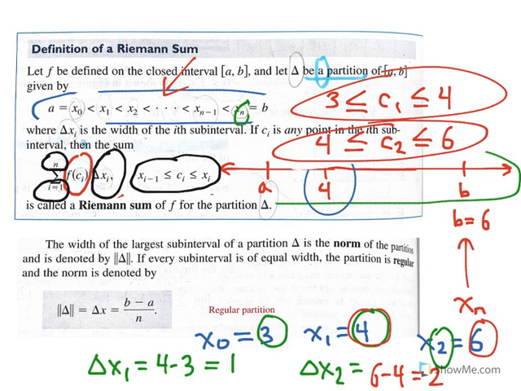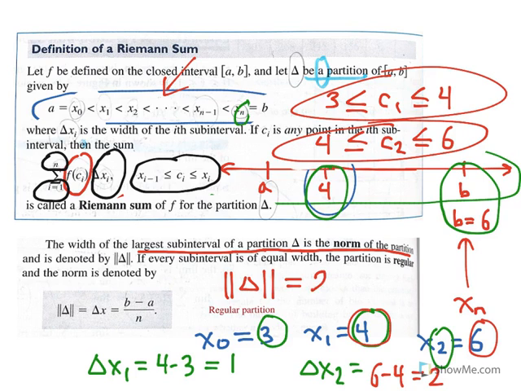And you can read here, the width of the largest subinterval of a partition is called the norm of the partition. So in my example, the norm of the partition is going to be 2. The width of the larger subinterval from 4 to 6 is 2. That is the norm of my partition. It is denoted by this symbol.